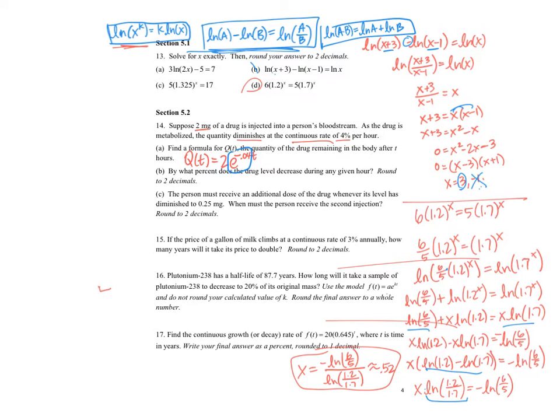If I compute e to the 0.04, I'm going to get that Q of t is around 2 times 1.04081 to the t approximately. So that means, whoa, that doesn't make sense. Oh, that should be negative. Okay, now that makes more sense.